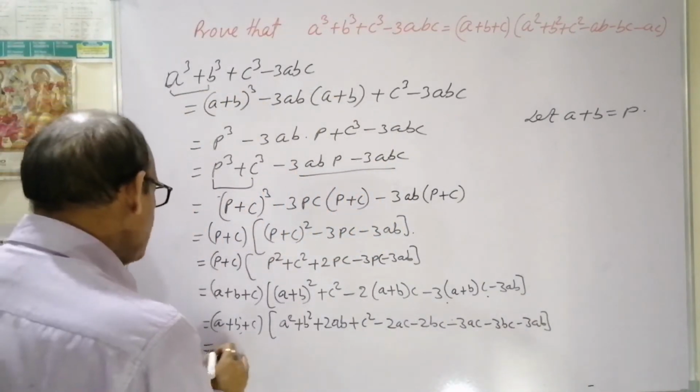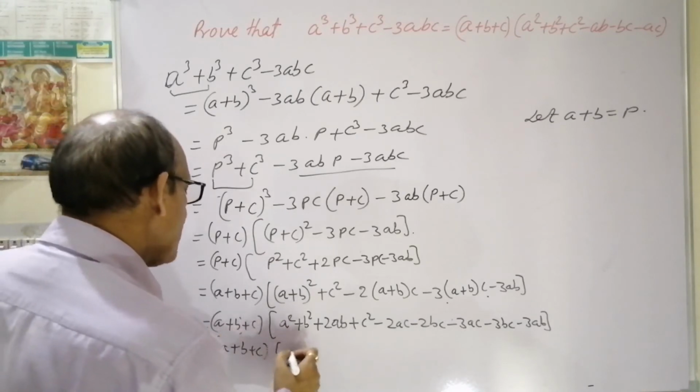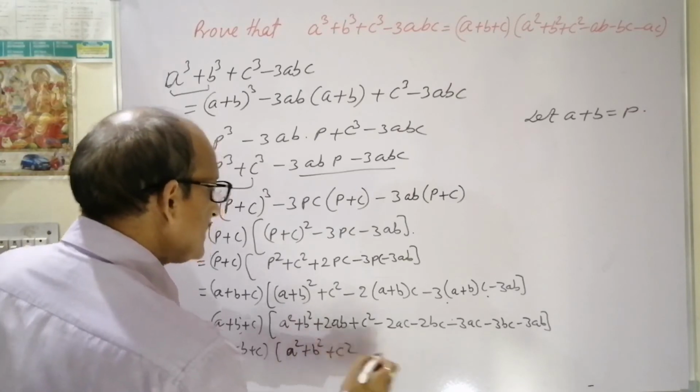Then A plus B plus C, in this bracket we have now A square plus B square plus C square.